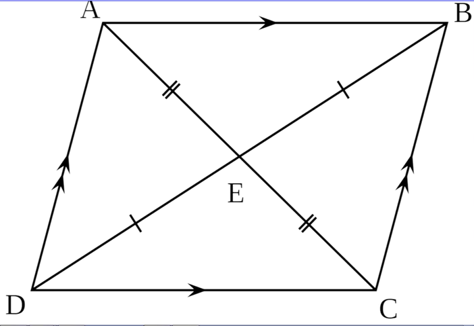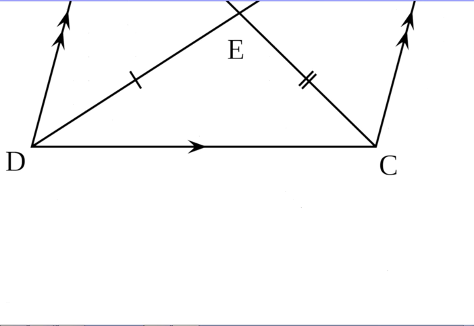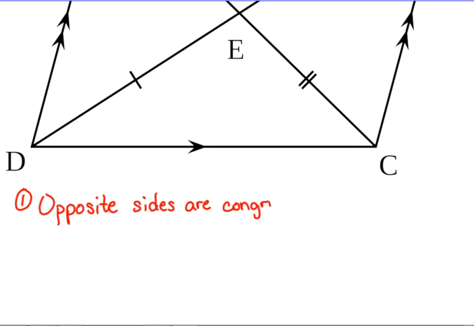But let's also talk about the fact that the first property you need to write down is that opposite sides are not only parallel, they are congruent. Opposite sides, so when they're across from each other, are congruent.